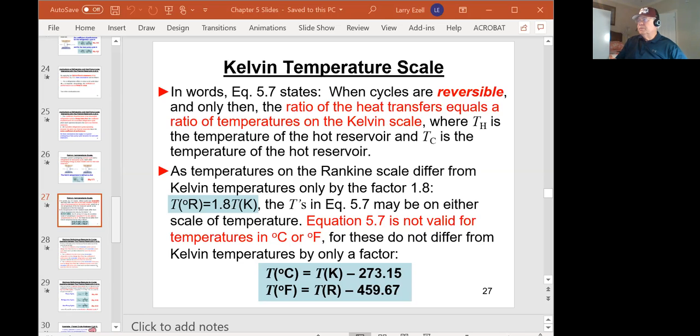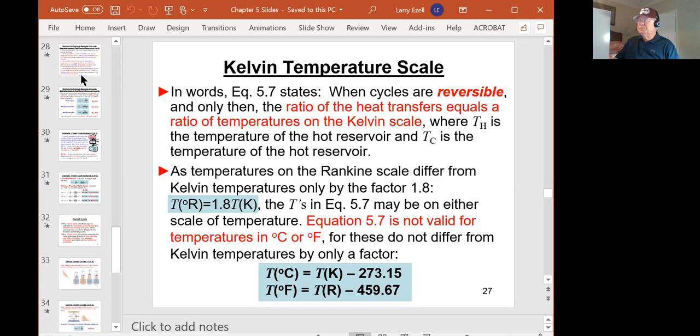Okay. Let's try this. Okay, so maybe I'll get better at this. All right, so we're already pretty familiar with the temperature scales. Let's go to the next slide.